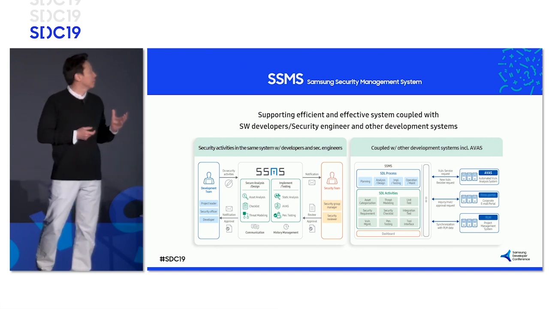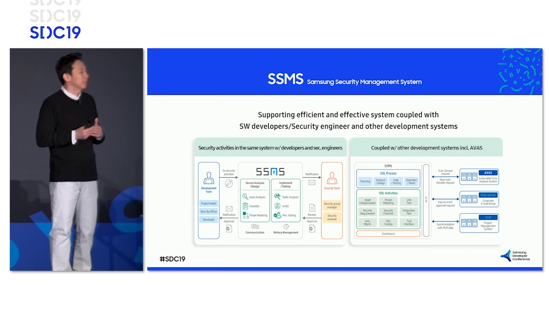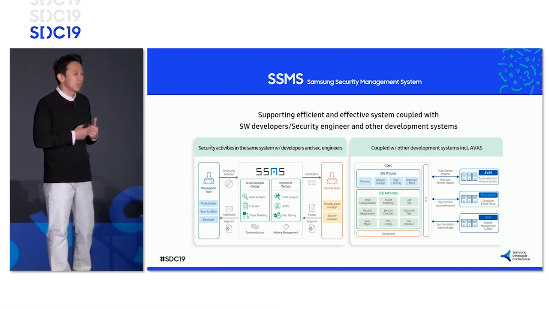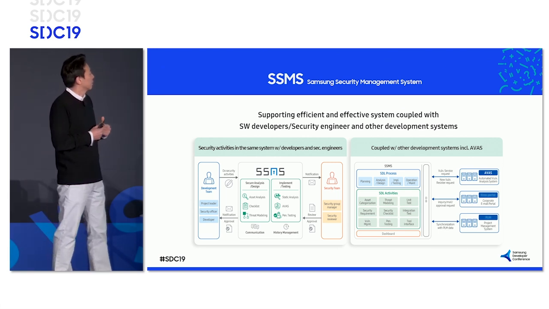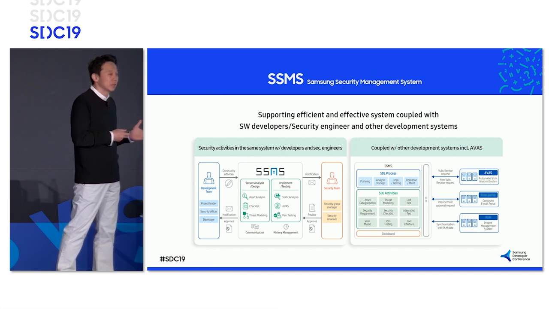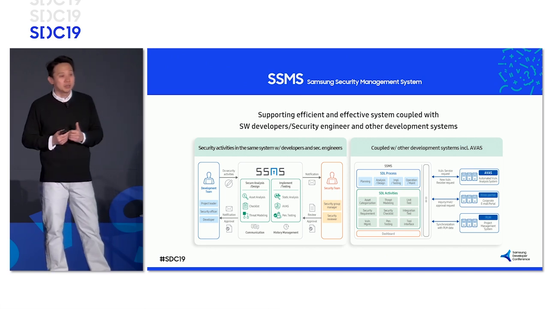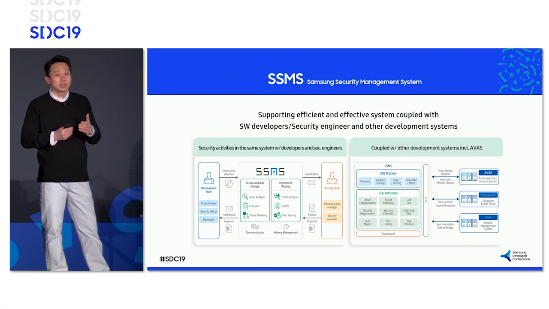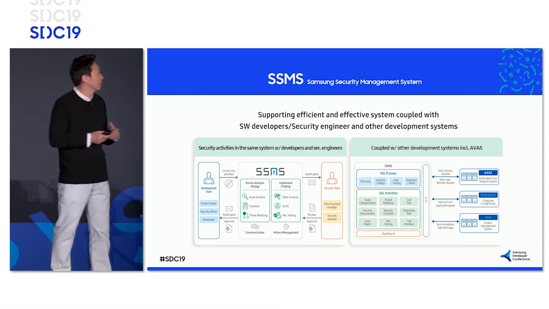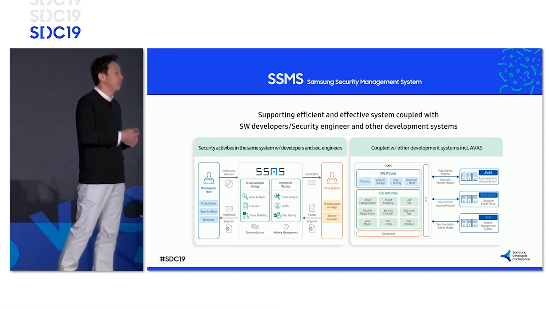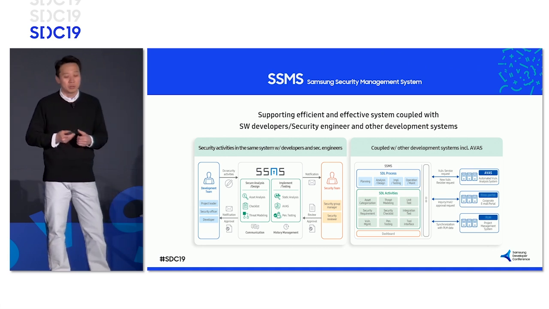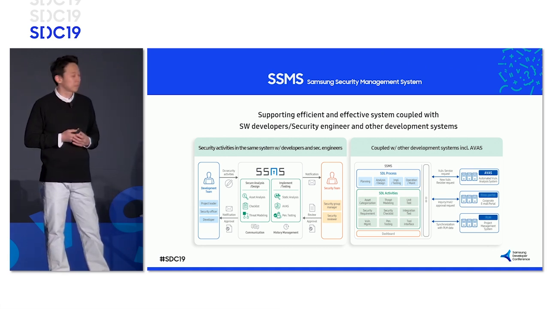Our system is tightly coupled with other development systems. So, by using SSMS, developers and security engineers communicate with each other and develop and review security and their source code, all of these things.